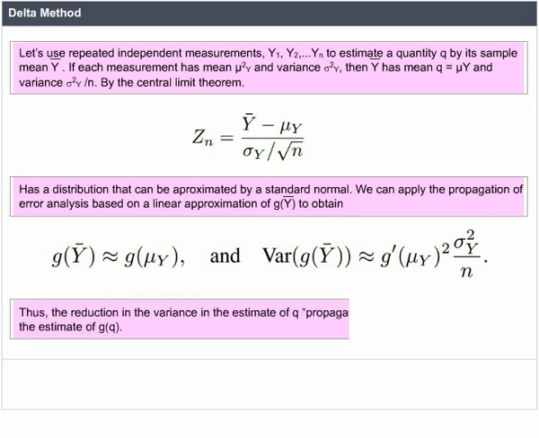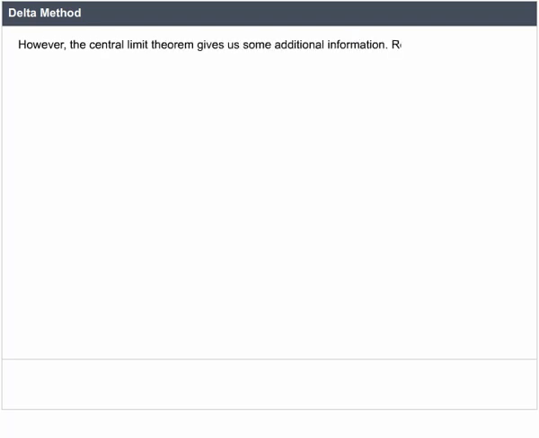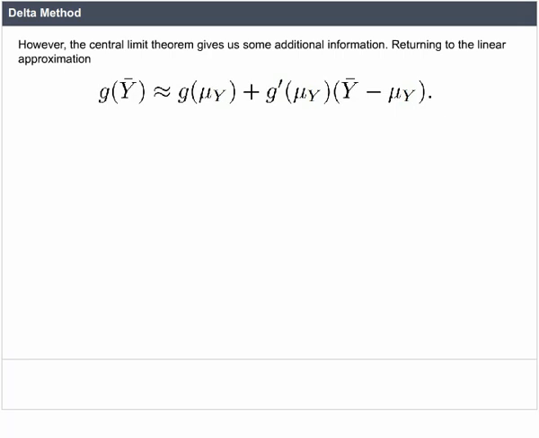Thus, the reduction in the variance in the estimate of q propagates to a reduction in variance in the estimate of g(q). However, the central limit theorem gives us some additional information. Returning to the linear approximation, g(Y bar) is approximately g(mu_y) plus g'(mu_y) times Y bar minus mu_y.